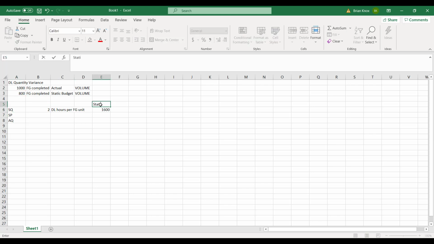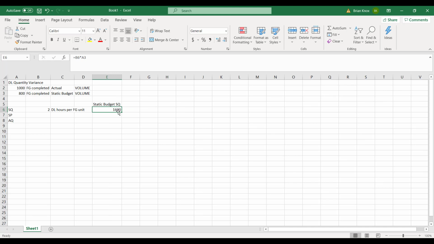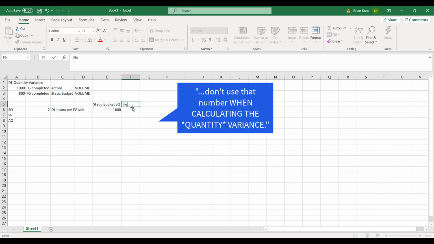This is the static budget's standard quantity right here. 1,600 direct labor hours expected because there are 2 direct labor hours per finished goods unit. We expected in the static budget, when we budgeted last year, to complete 800 finished goods units. So we budgeted 1,600. We really don't care about that when we're doing the quantity variance. It would be important for the volume variance, but make sure you don't use that number.